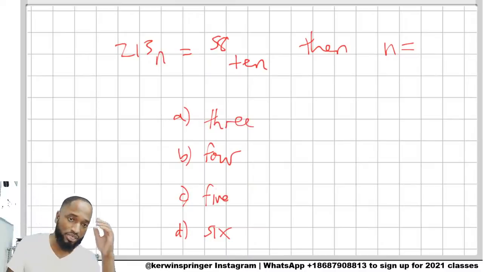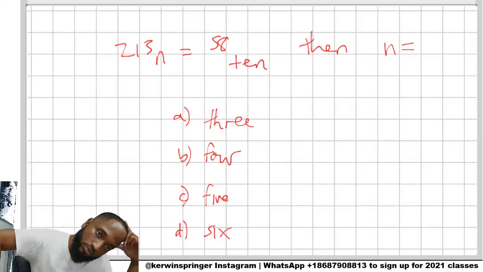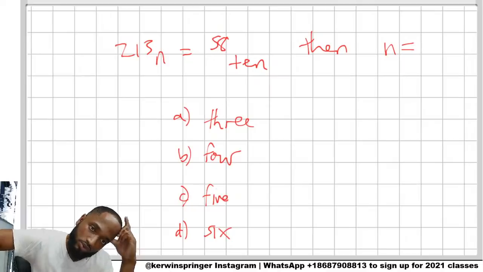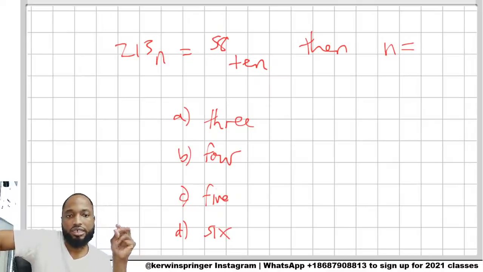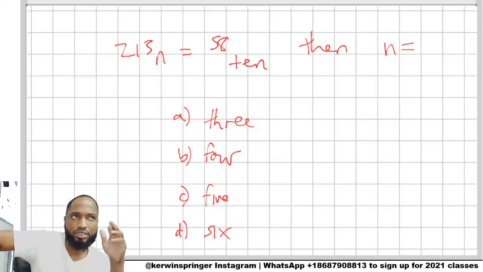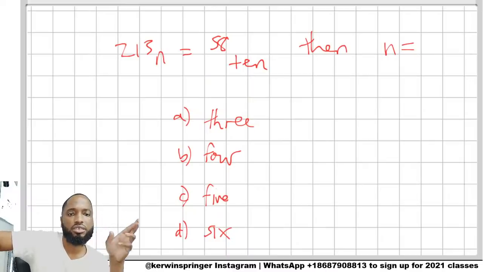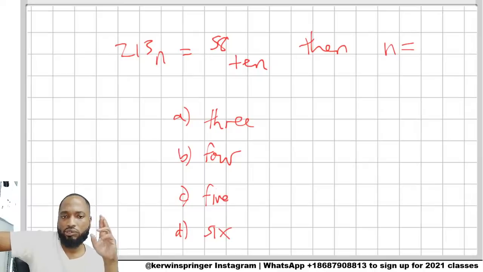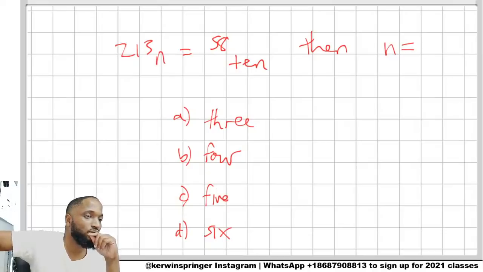So an interesting base question. 4 to the power of 3 is how much? 64. So 3 to the power of 3, 27. Most likely is 3. What do you think?